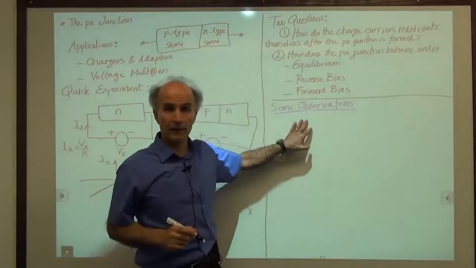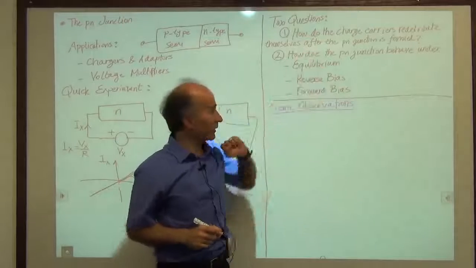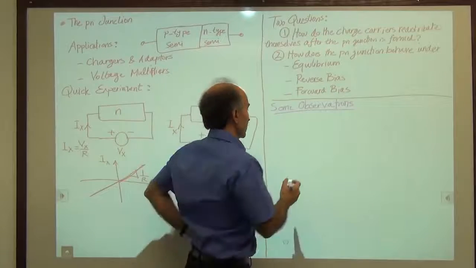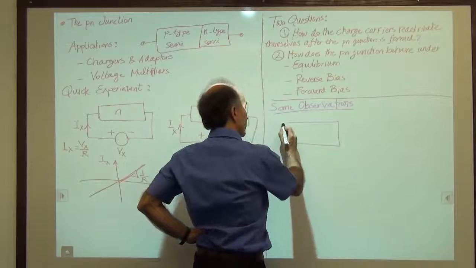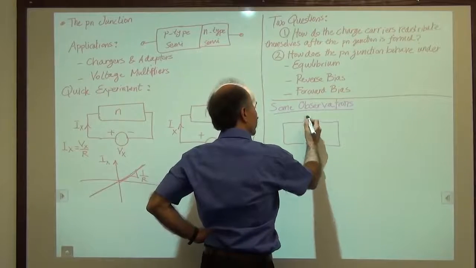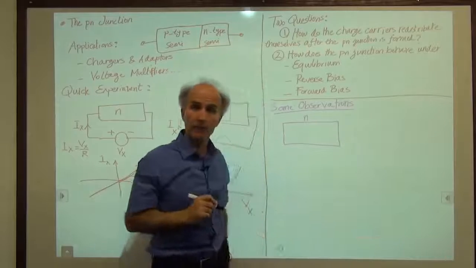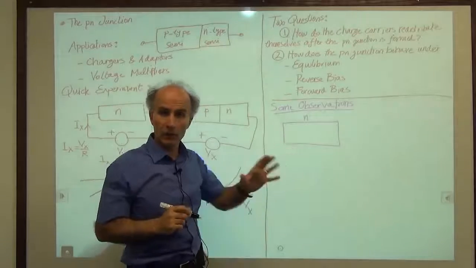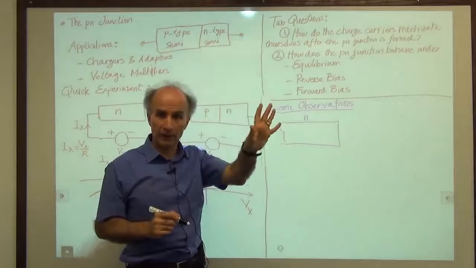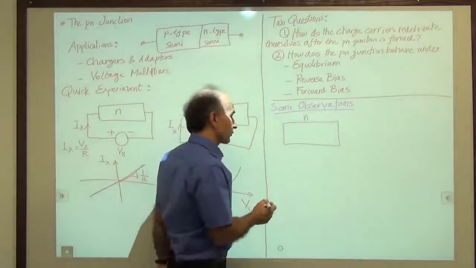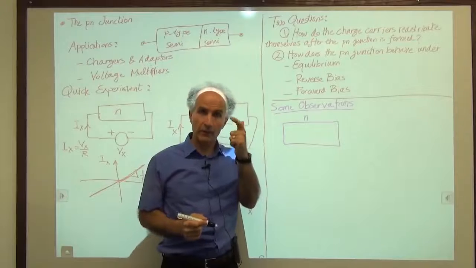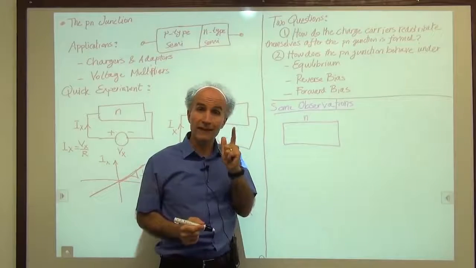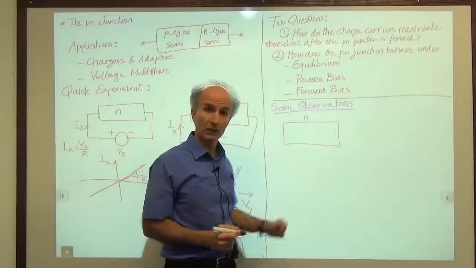These observations are necessary before we can answer the first question. All right, so we buy a piece of n-type material and we go in there just by itself without being connected to anything else in the world and try to measure the concentration of electrons and the concentration of holes as a function of distance from here to here.